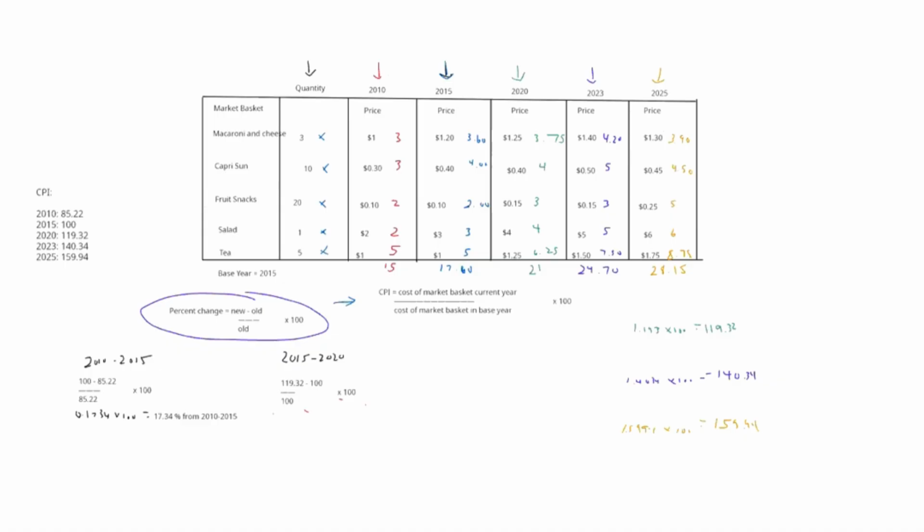This cancels, so we're left with 119.32 minus 100, so we're going to get 19.32% from 2015 to 2020.